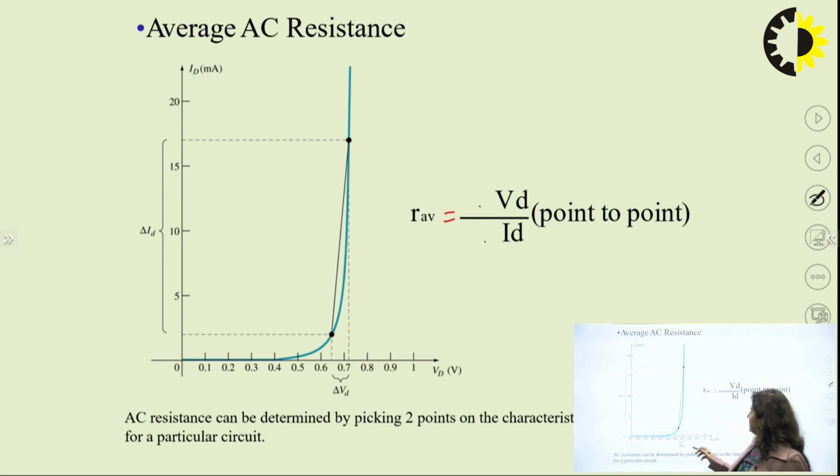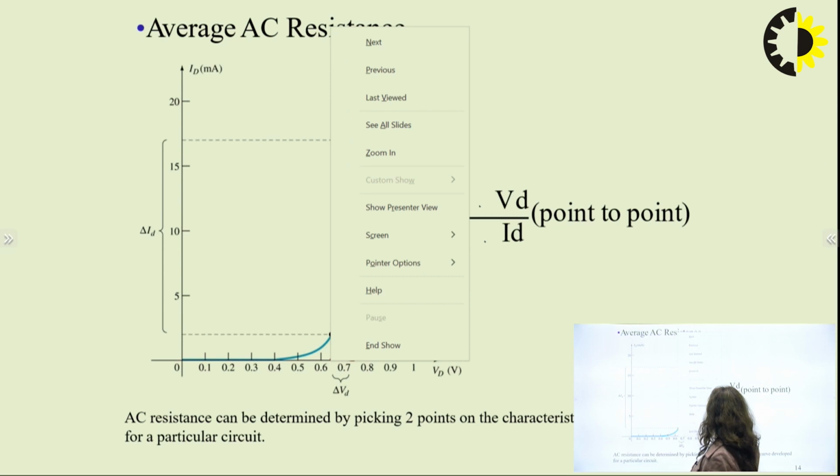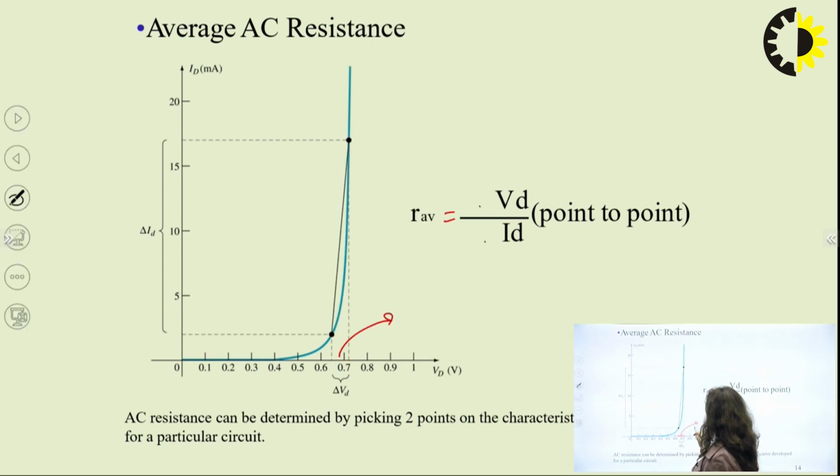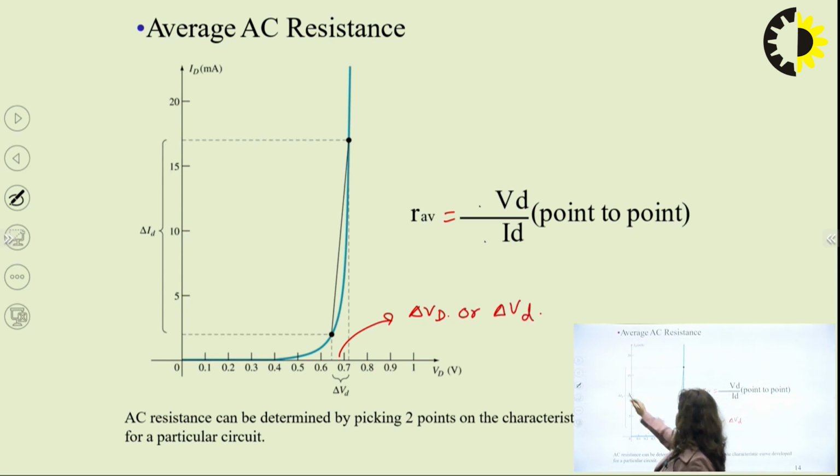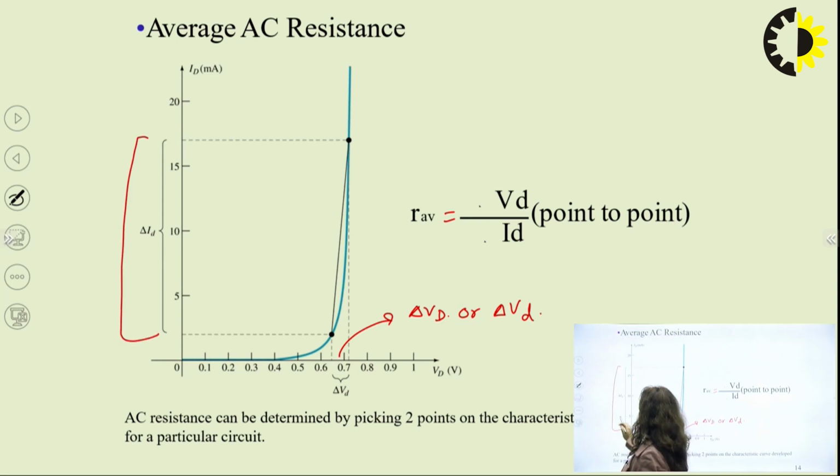If we calculate from point to point, from this point to this point, the difference in the voltage is given by this. This is delta VD, and this difference, which is shown here, is your delta ID.